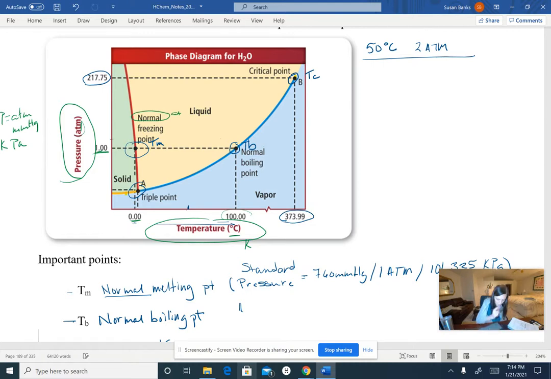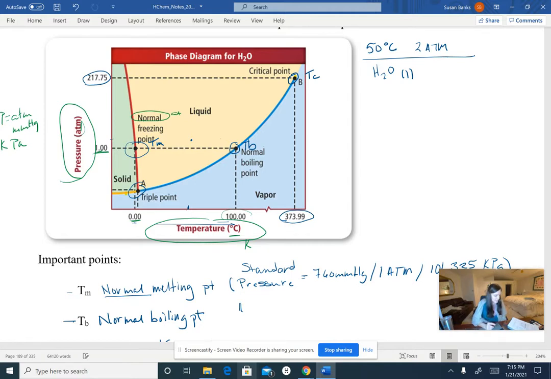And here we've got 1 atmosphere, and notice it goes really quickly to 217. So obviously this is not to scale. A lot of times the pressure is not going to be to scale. It's going to be on a logarithmic scale. So I'm going to say that 2 atmospheres is probably going to be right about here. So if we look at this, we are definitely in the liquid zone. So at 50 degrees and 2 atmospheres of pressure, water will be in the liquid state.